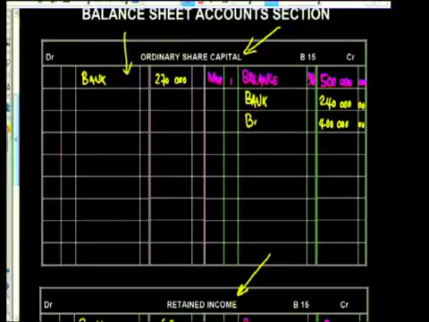Once again, my contra entry would be a debit to bank and a credit to my ordinary share capital account. You will notice that I've got my opening balance, further shares that were sold, more shares, bought back shares. All that is left for you now to do is to balance the ordinary share capital account.